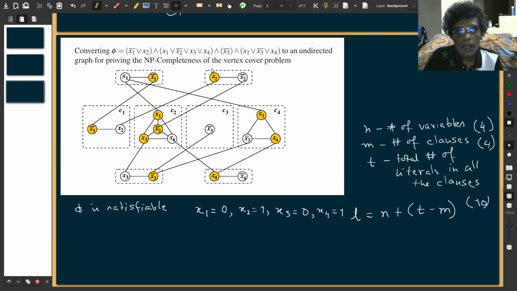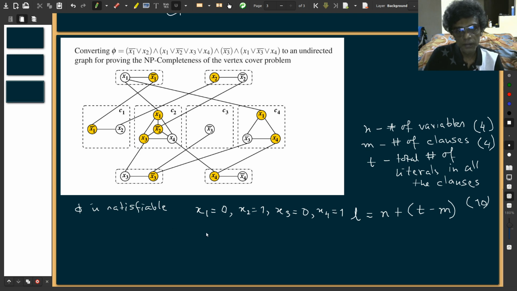Since x2 is 1, I will choose x2 here. x3 is 0, so I will choose x3 complement here. x4 is 1, so I will choose x4 here. So these vertices shaded by yellow are the vertices that I choose for computing a vertex cover. Okay, so this is how I choose things in the variable gadgets.